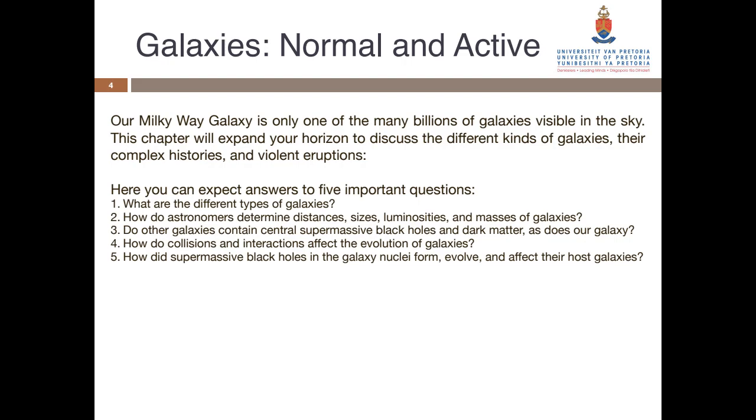So, at the end of this lecture, we need to answer the following 5 questions. Number one, what are the different types of galaxies? Two, how do astronomers determine distance, size, luminosities, and masses of galaxies? Three, do other galaxies contain central supermassive black holes and dark matter, as does our galaxy?